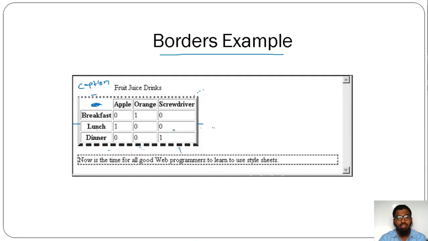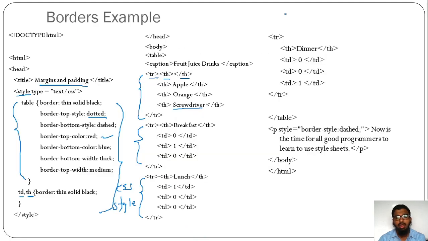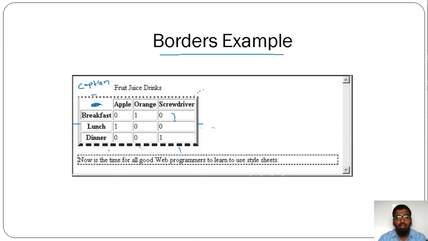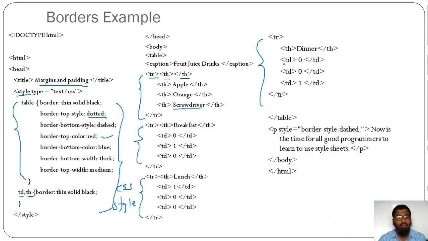We have already finished this table, that's why I'm going fast. Next TR, TH dinner, and TD 0, TD 0, TD 1. So all the values will be available in this table, and we close the table here with the closing tag.